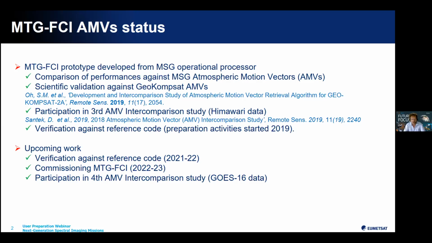This time we will use GOES-16 data, and it will start later this year. So at the end of this study, the MTG FCI prototype code will have been tested with GeoKompsat data, Himawari data, and GOES data, which are the new generation geostationary satellites that are quite similar to MTG FCI.